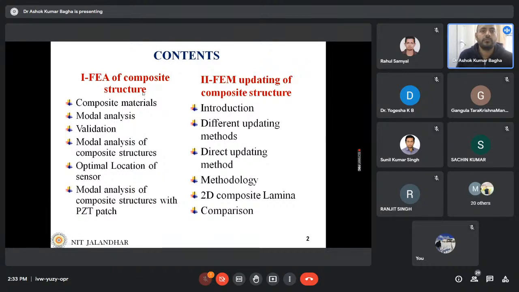Most of the time when we talk about composite materials, people try to find out their mechanical characterization, like the stress strain curves, and they also find out the viscoelastic properties. But this modal analysis study is also very important.